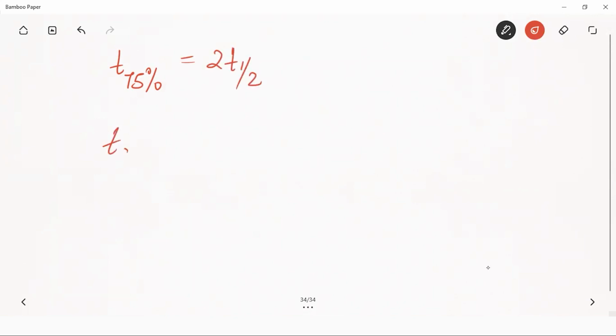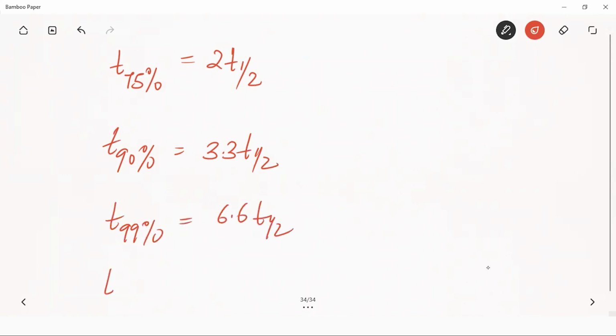If it is T 90 percentage, that is 3.3 T half. If it is T 99 percentage, that is 6.6 T half. If it is T 99.9 percentage, that means 10 T half.